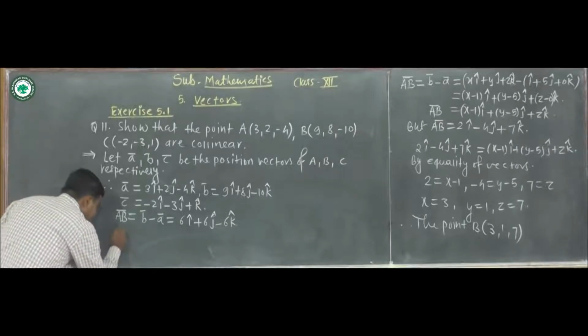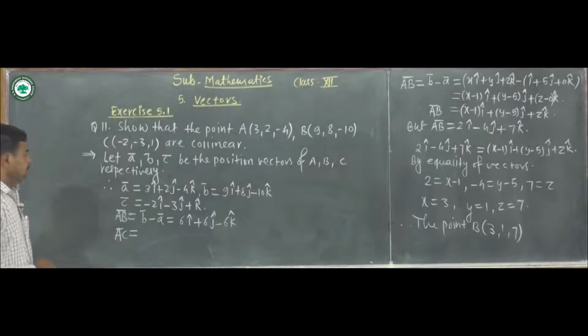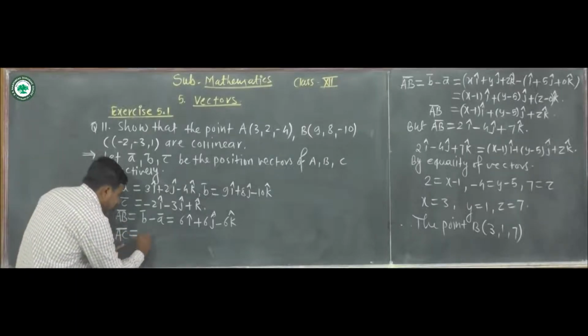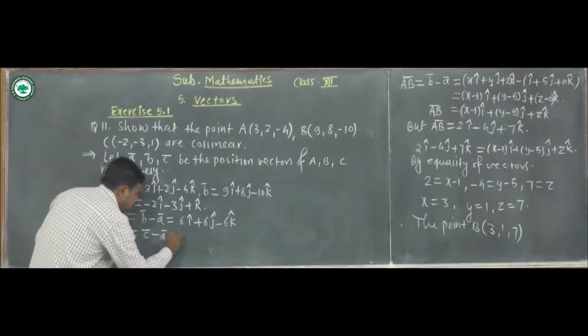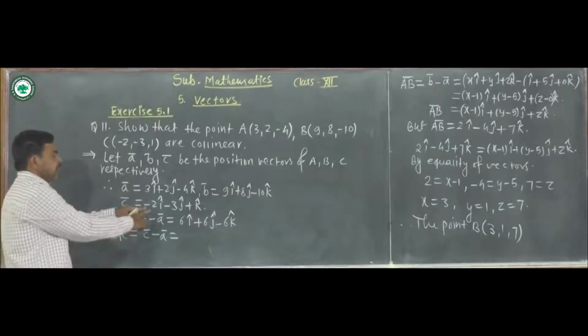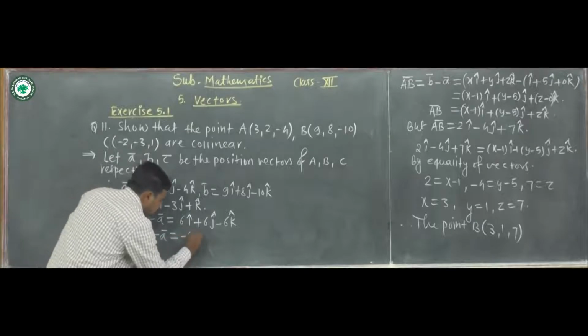Now we find AC bar. AC bar means the position vector of the point C, that is c bar, minus the position vector of the point A, that is a bar. c bar minus a bar. Minus 2 i cap minus 3 i cap, minus 5 i cap.